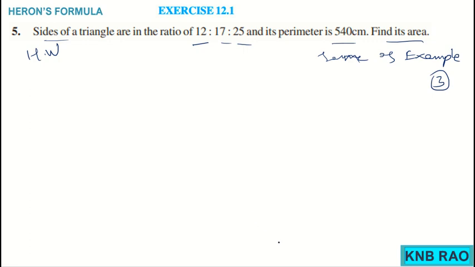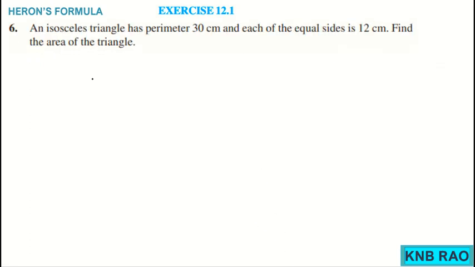Now moving on to question number 6. In an isosceles triangle, perimeter is 30 centimeter. So you know what is the meaning of an isosceles triangle. An isosceles triangle will have two of its sides equal. Each equal side is given already, that is 12 centimeter, and we don't know the third side, but the perimeter is given.